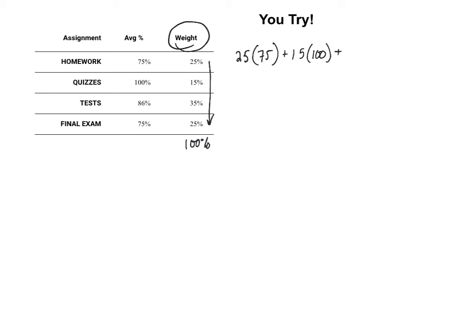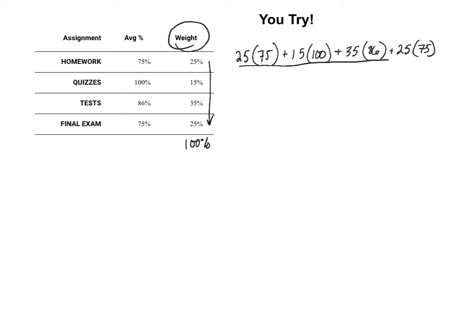Now I have another weight of 35%: this person's overall grade is associated with a test score of 86. And finally, 25% of this person's overall grade is determined by the final exam, which was a score of 75.